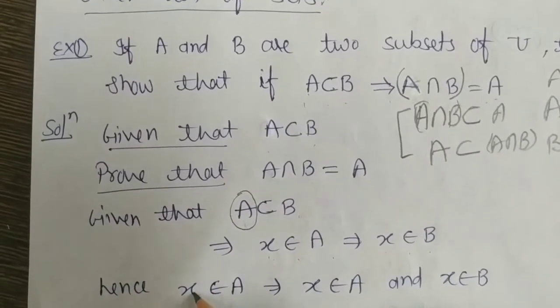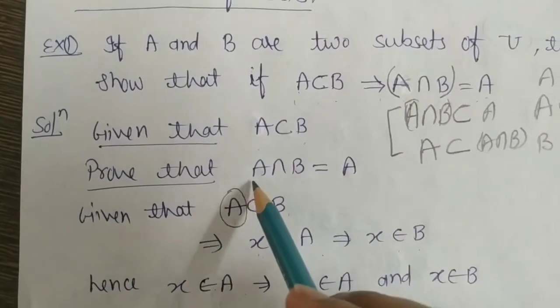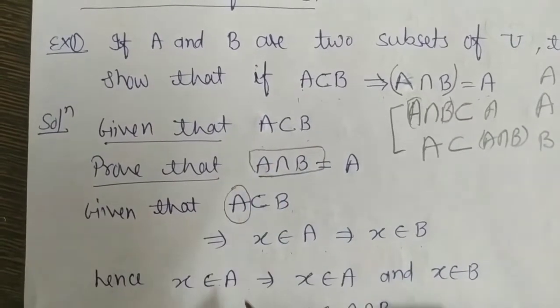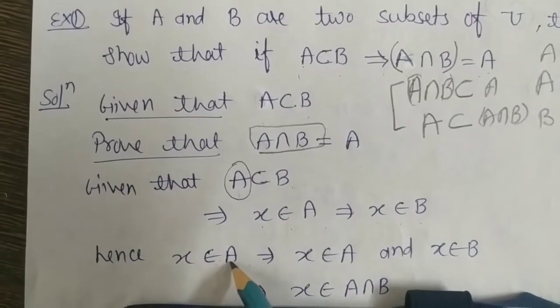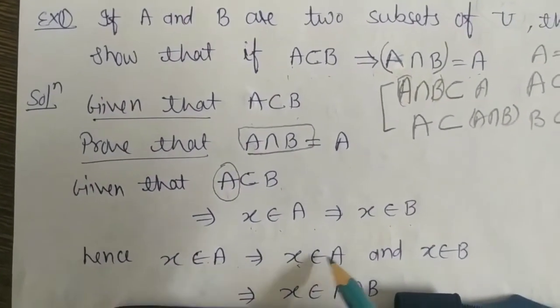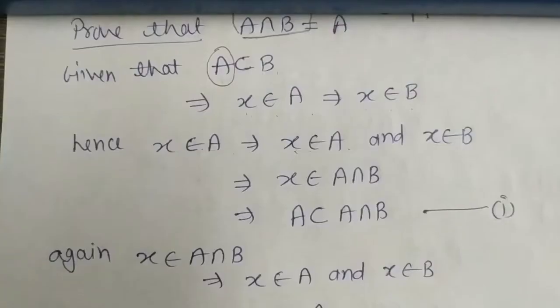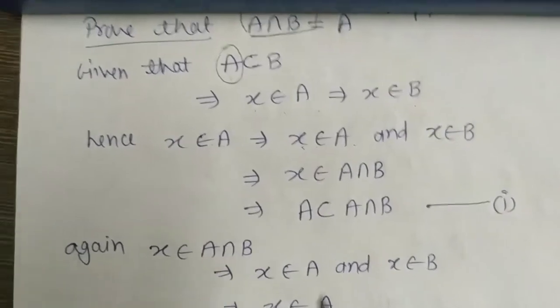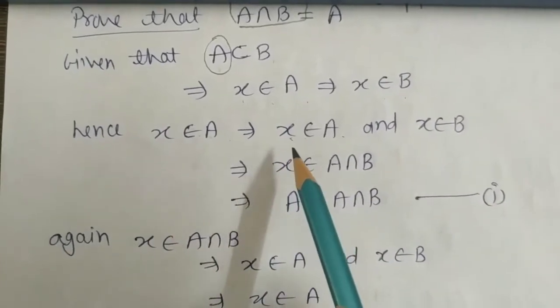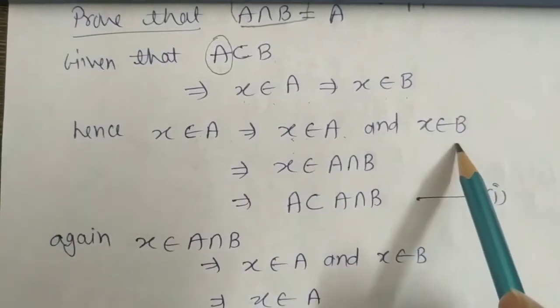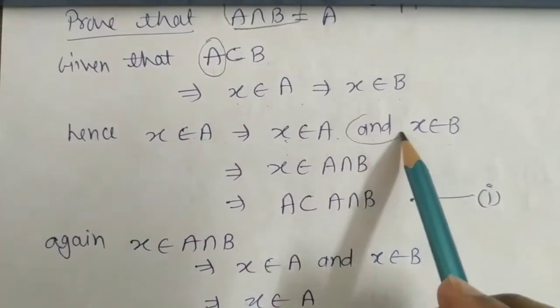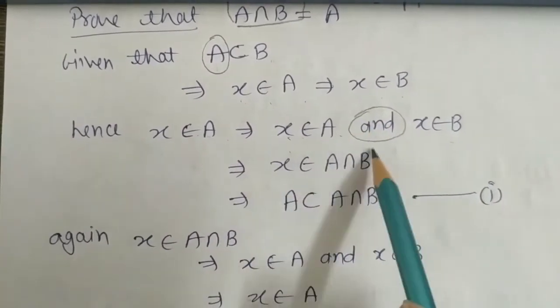Hence, if X belongs to A, since we are to find A intersection B, X belongs to A and X belongs to B. We are using the symbol and.